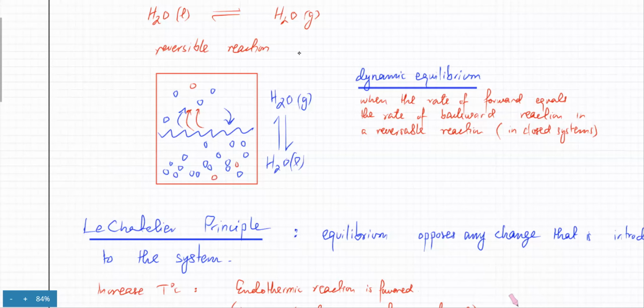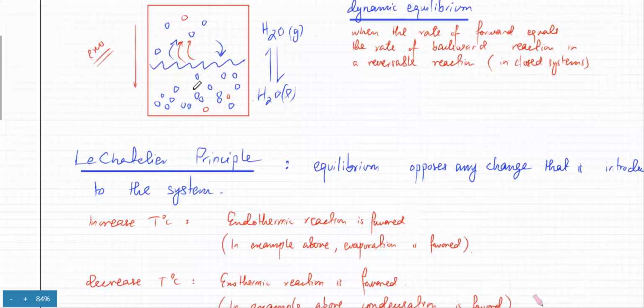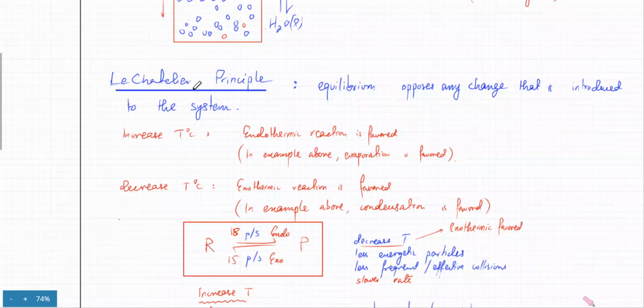So now it will be the opposite. The exothermic reaction is going to be favored. These molecules are going to start losing energy, which means exothermic. So exothermic reaction would be favored if you decrease temperature. These are the two rules that we studied. Increased temperature favors endothermic reactions. So simple rule, Le Chatelier principle, and decreased temperature favors exothermic.